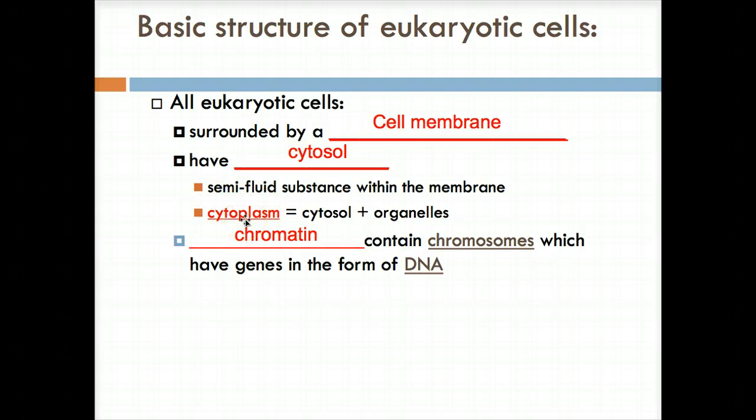So the cytoplasm is just the cytosol plus the organelles. So it's the totality of the cell. And all eukaryotic cells have what we call chromatin. And so chromatin contains the chromosomes, which have genes in the form of DNA. So this is your actual genetic material that's found in the nucleus.